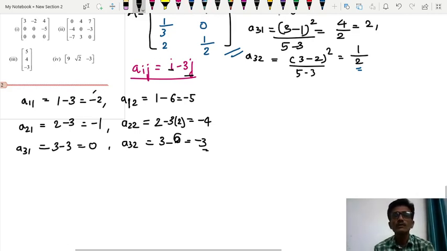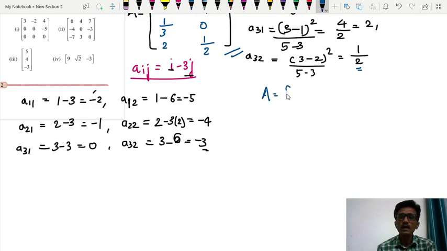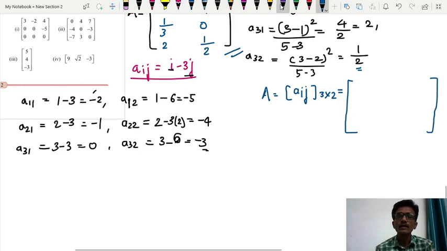So here we write the required matrix A, which is Aij. Order of this matrix is 3 by 2, that is there are 3 rows and 2 columns. So what will be the required matrix? We are getting all these elements. What is A11?